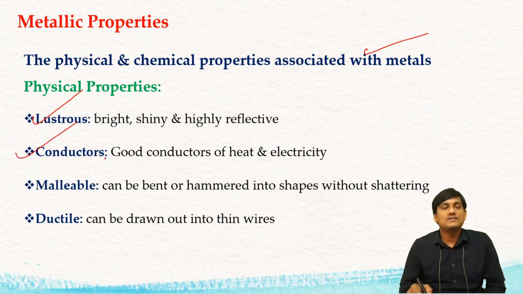And these are malleable. When you hammer, metals can be converted into different shapes and also into sheets. So these are malleable and also ductile. These metals can be converted into thin wires.